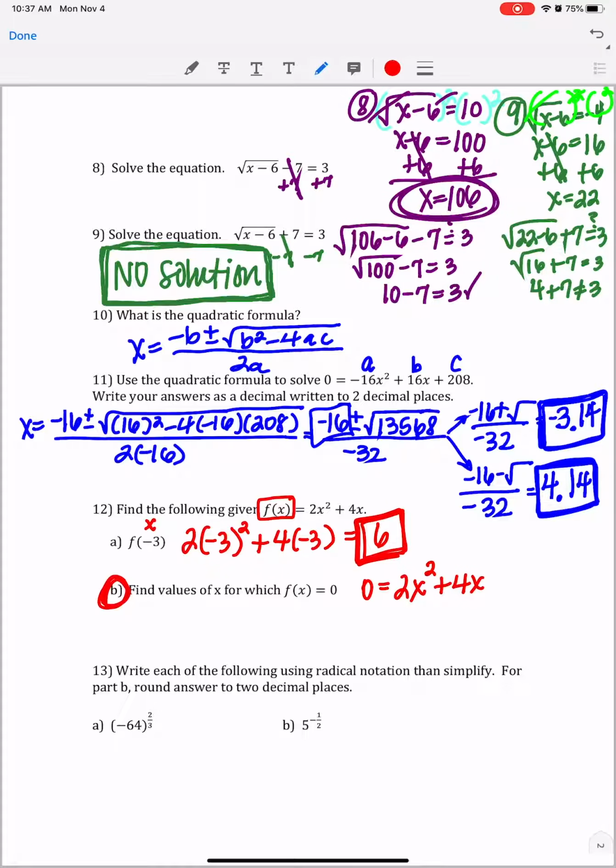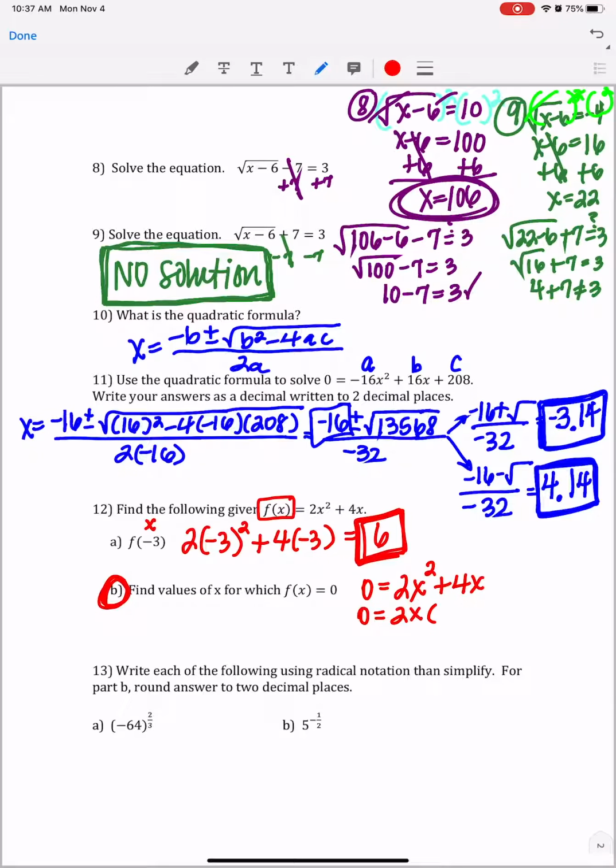Then, do you have a GCF? You do. In this one, what can you divide into 2 and 4? It's going to be a 2. And how many x's can you take out if you got an x squared and an x? That is 1.